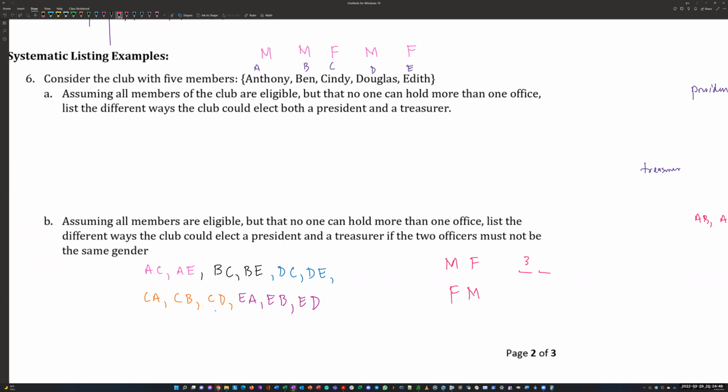The females, there's 2 of them. So there's 6 ways we can go male, female. Does that make sense? Correct. Female, male, there's 2 females, 3 males. There's 6 ways we can go female, male. 6 plus 6 is 12. Same 12 here. Does that make sense? Yes.